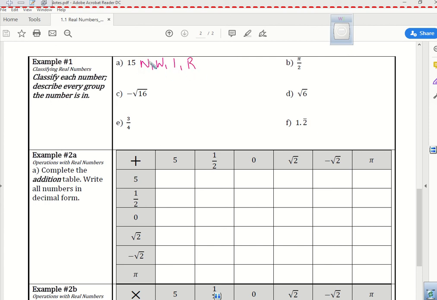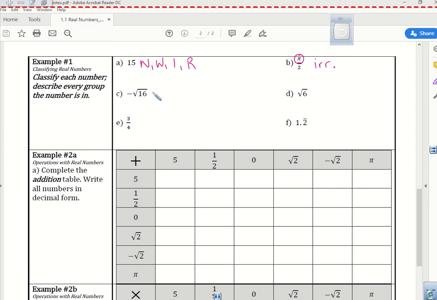Okay, so start with the smallest subgroup, then everything above that can also be classified. Pi over 2, anything with pi. Our rule, anything with pi, I just want you guys to write irrational. I'm going to put IRR for irrational.